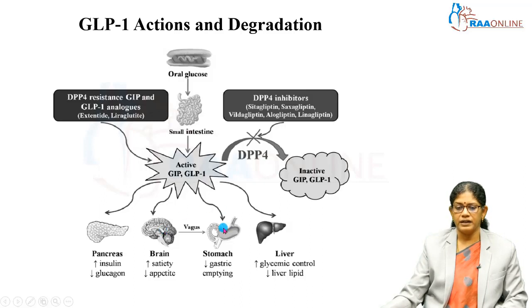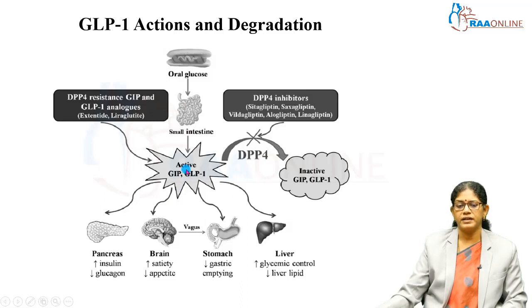In the stomach, they reduce gastric emptying, that means slow down the digestion process. And in the liver, they increase glycemic control and decrease lipid production. These are the effects produced by GIP as well as GLP-1, which are released in the small intestine when we take food or any other nutrients. This is the process that takes place in our body.